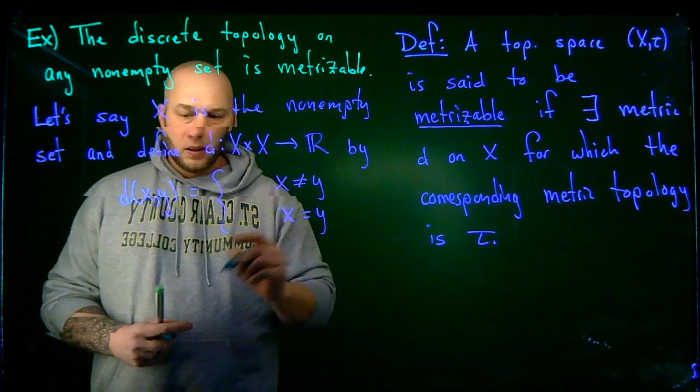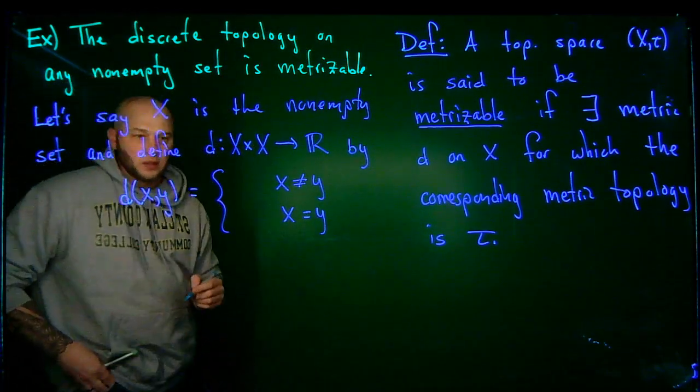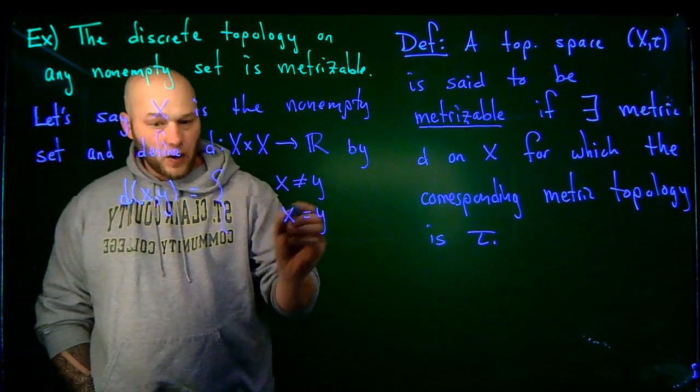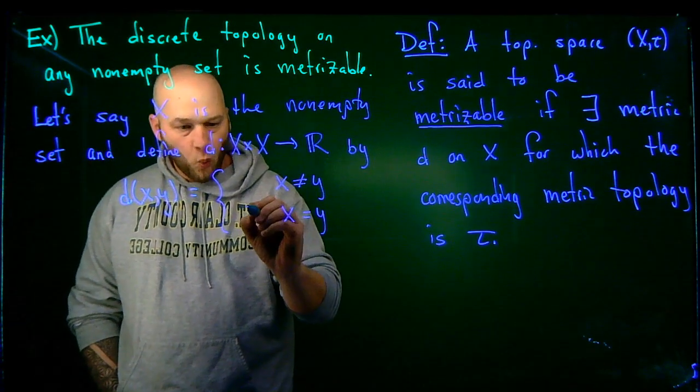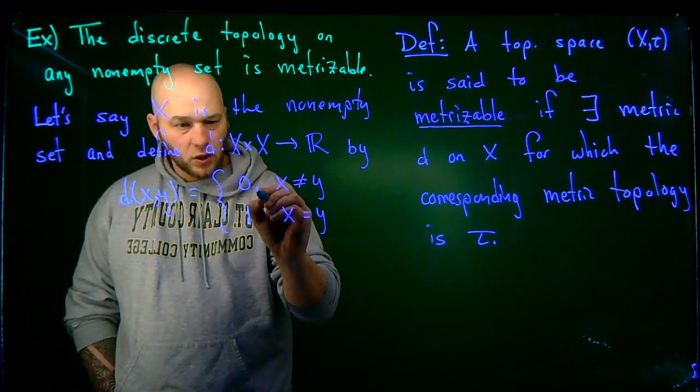So the inputs could be the same or they could differ. And if it's the same, the function value, so like D of (a, a), is 1, otherwise it is 0.